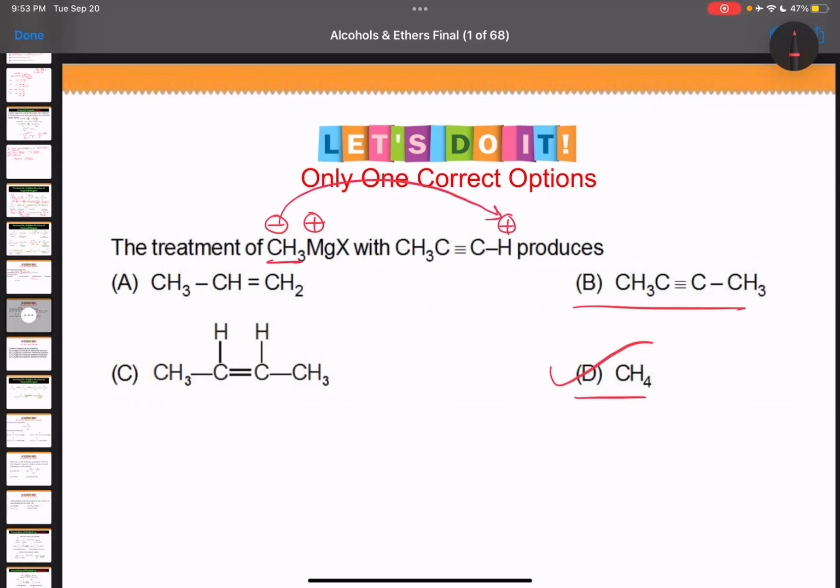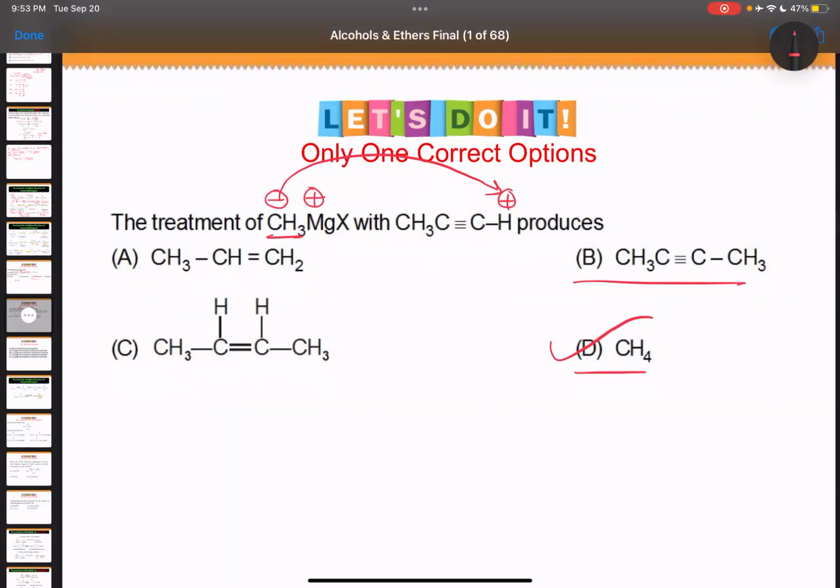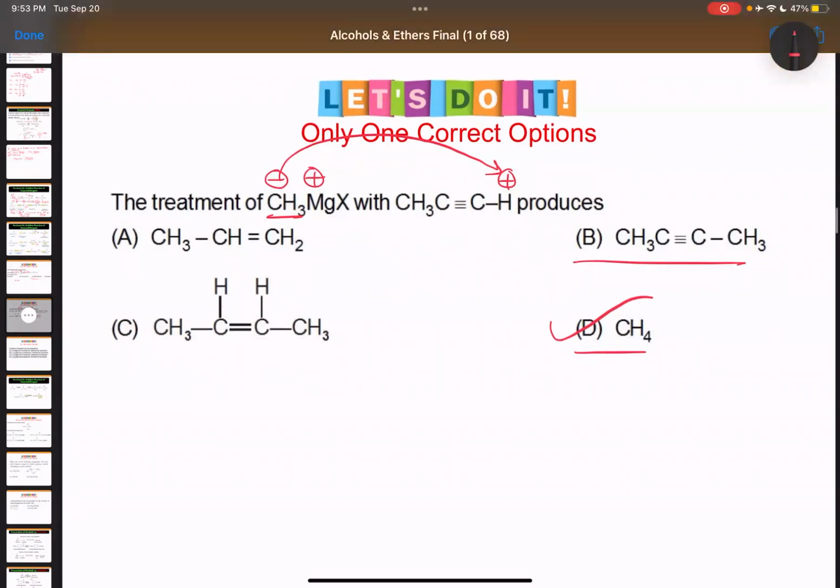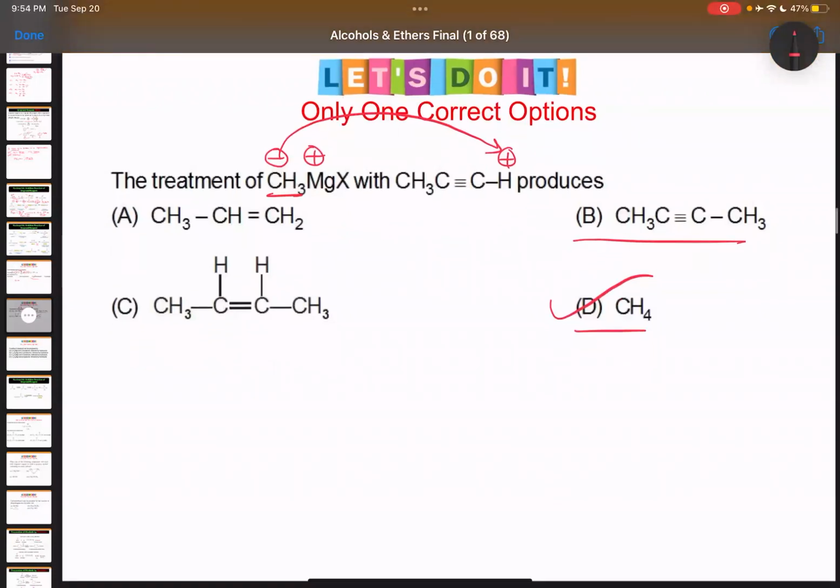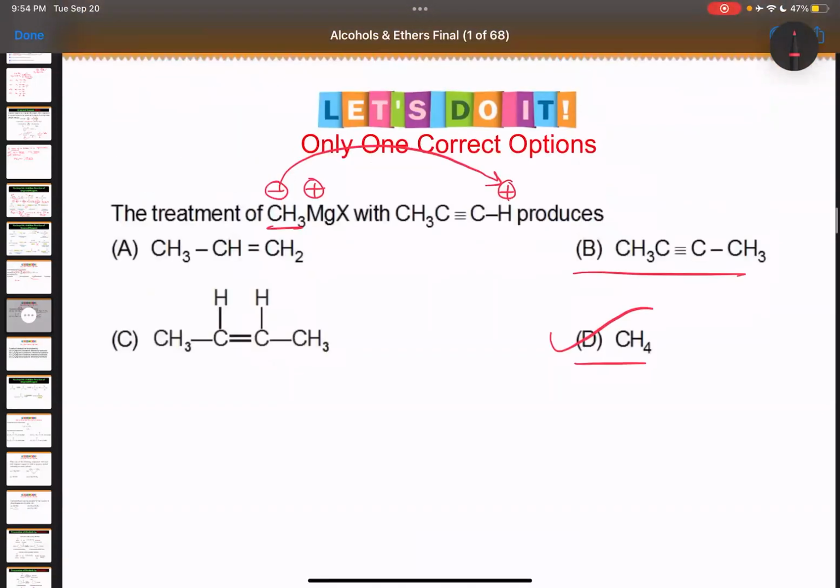It is going to abstract this. Clear? Yes, sir. So it is going to be option D. Acid-base reaction.